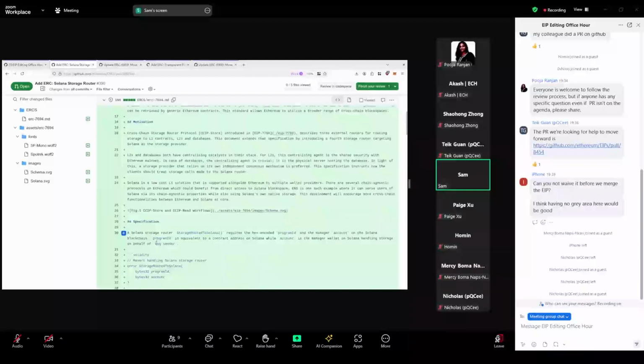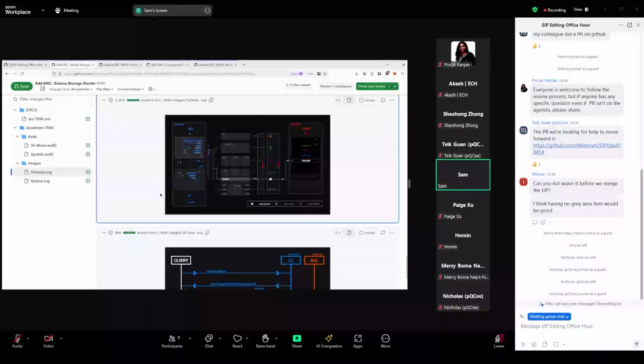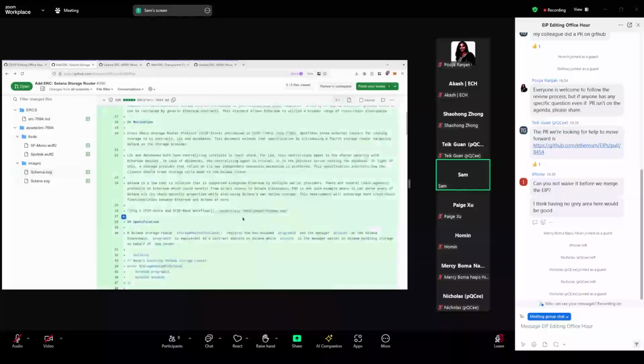L2 databases both have centralized components in their stack. Good, yeah, that's fine. Solana is a low-cost L1 solution that is supported alongside Ethereum by multiple wallet providers or chain-agnostic protocols on Ethereum, ENS. Okay, good. Let's look at images, schema.svg. Yeah, that's fine. Okay. Solana storage router requires an additional.